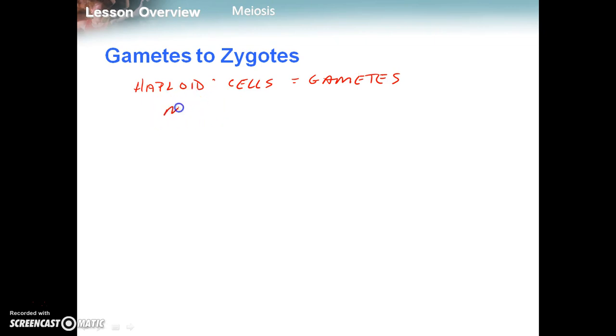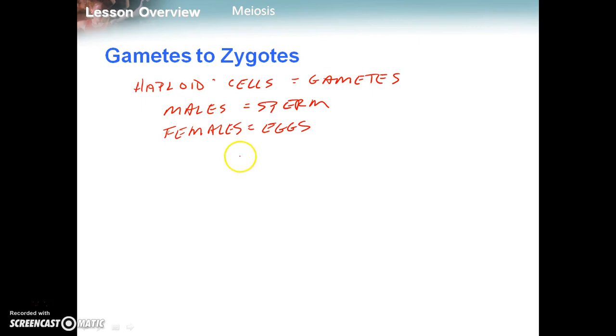In males, these are going to be sperm. And we're going to talk in class about spermatogenesis. And in plants, these would be like the pollen grains. In females, we're going to create the gametes, eggs. And this is called oogenesis, which we will also talk about in class.